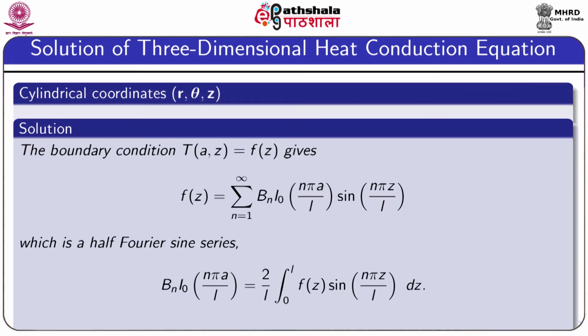To obtain the value of Bn, we need to multiply both sides of this equation by sin m pi z by L, and then we need to integrate over 0 to L.